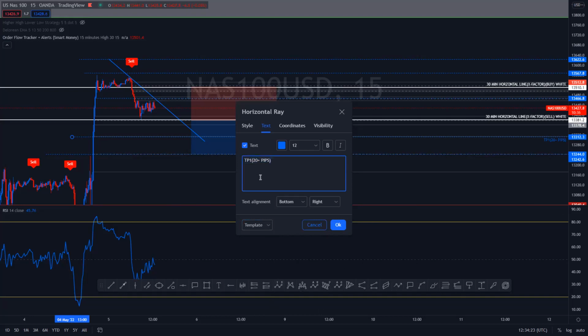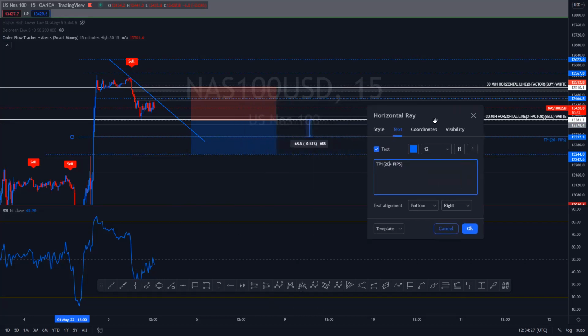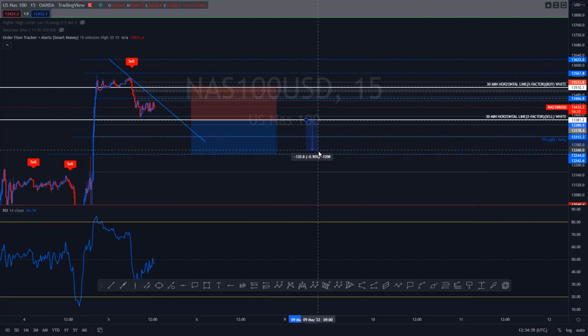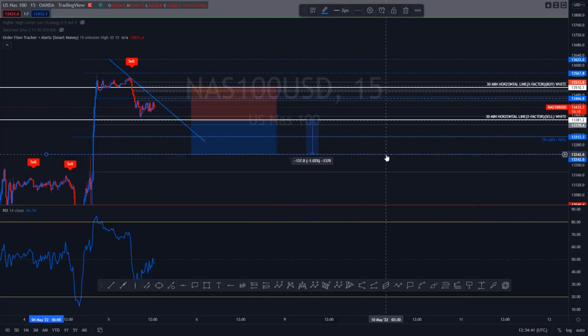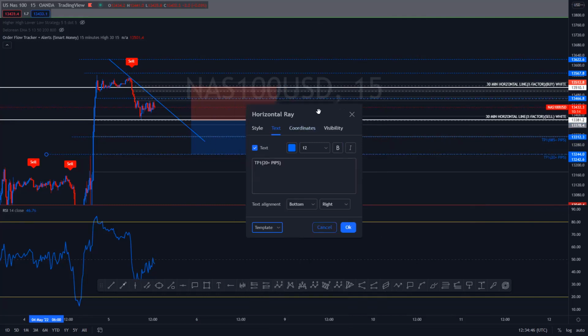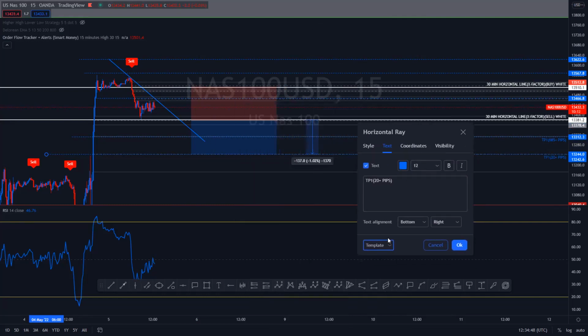The TP1, this is going to be, let's see, 85 plus pips. TP2, it's going to be over 1,300 plus pips.